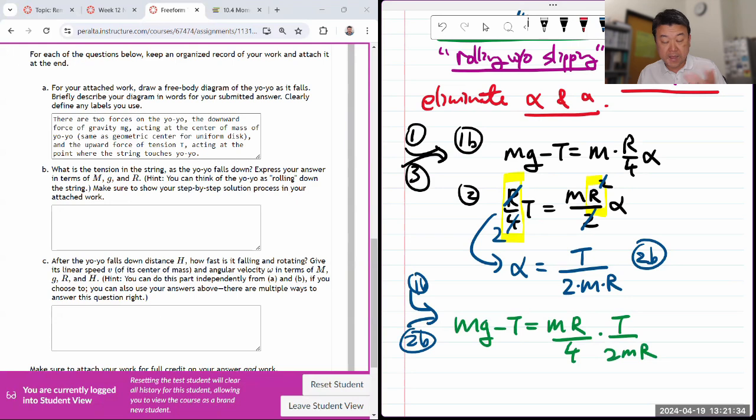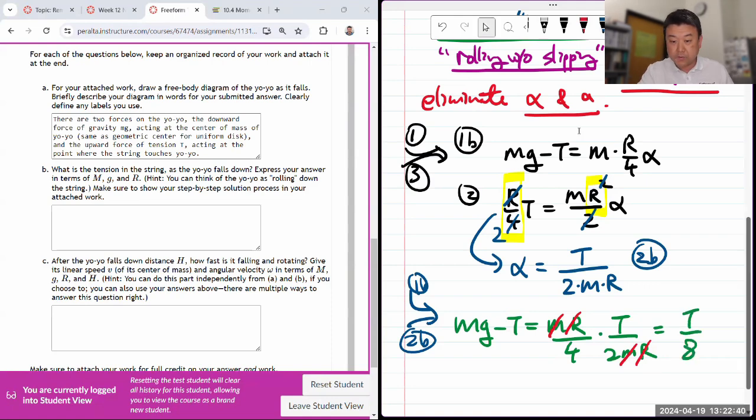So I have to collect the like terms. Let me cancel the things that cancel, because this m cancels with the m, and this r cancels with the r. So I have T over 8. Okay, so let me write that out. Right hand side is actually equal to T over 8.